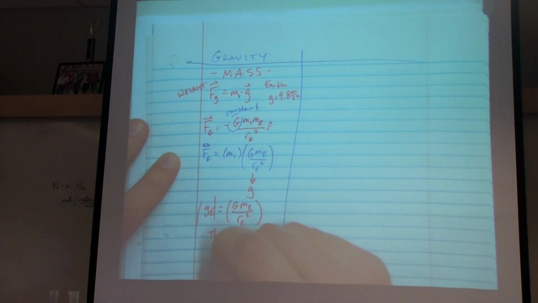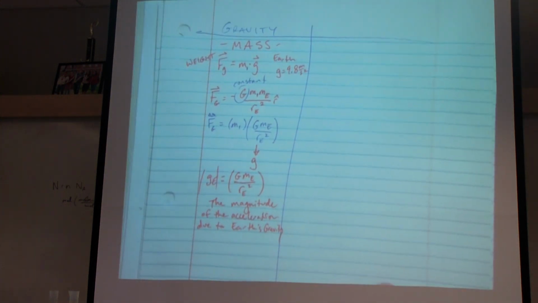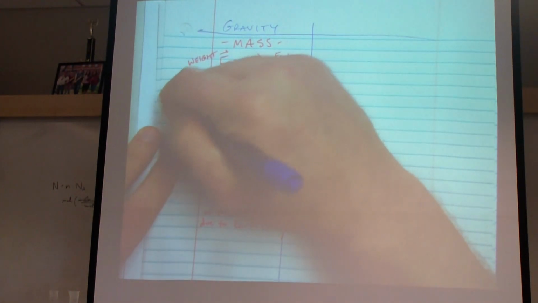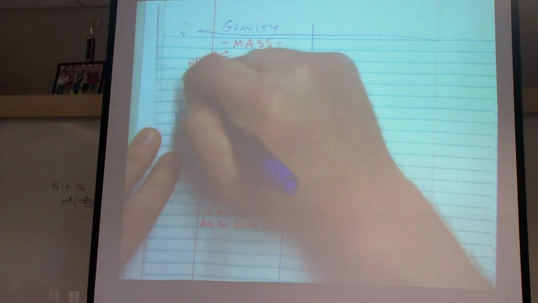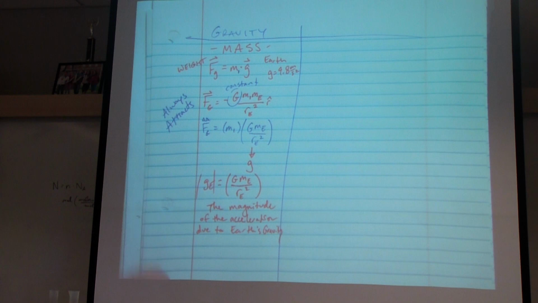This is the magnitude of the acceleration due to Earth's gravity. One other key feature of this law is that it always attracts. Always attracts, right?